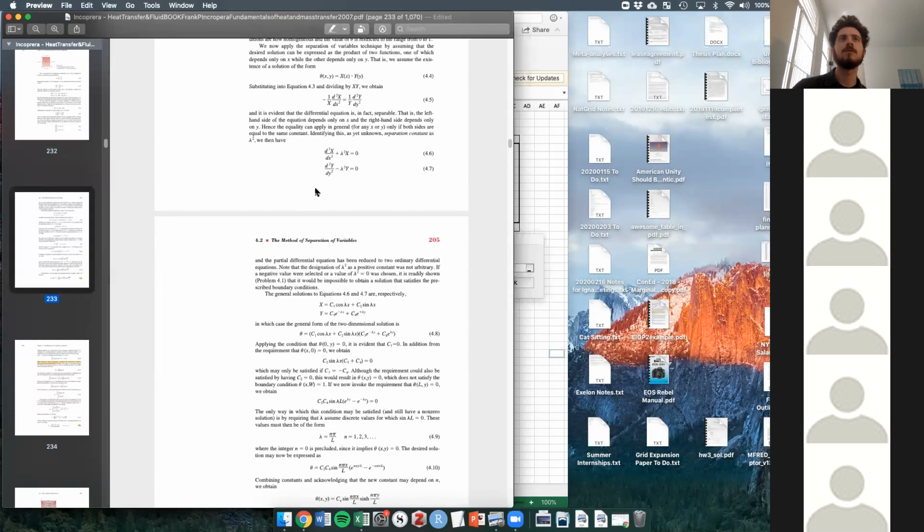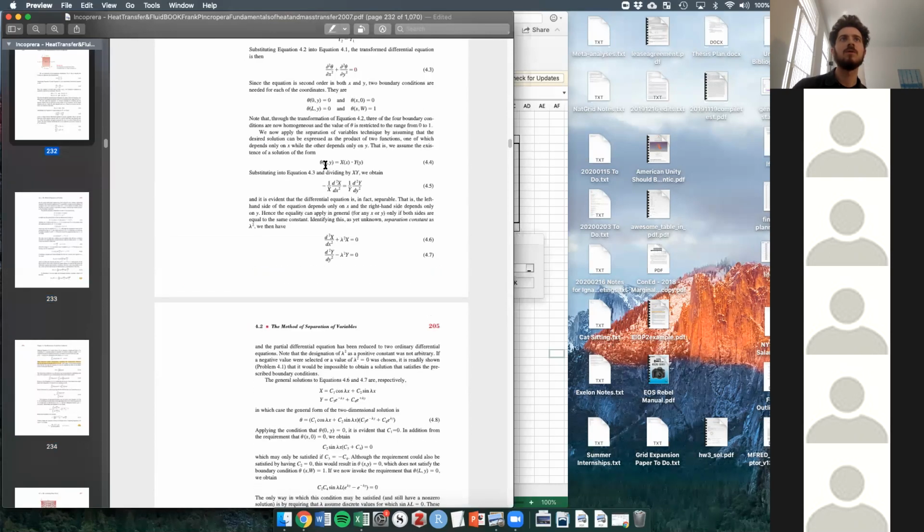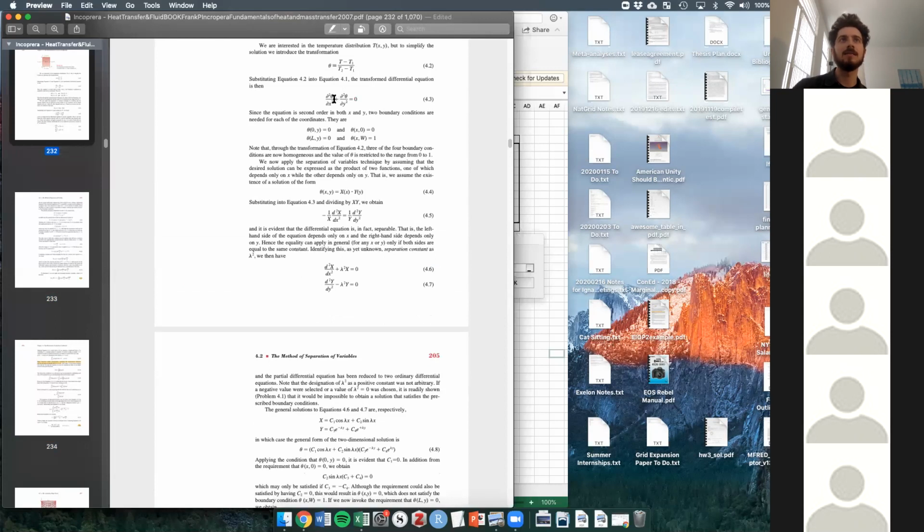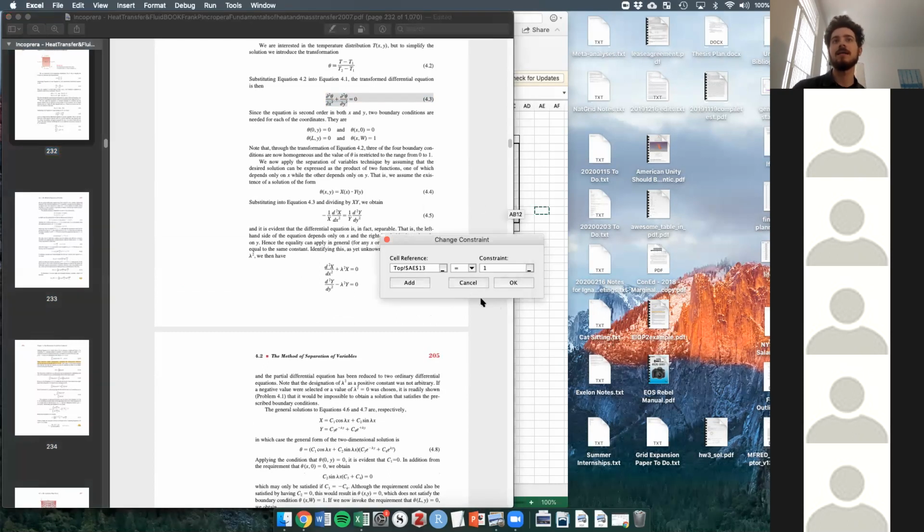The numerical solution is we basically write out the energy balance that would give you this diffusion equation, and then we just use that directly.